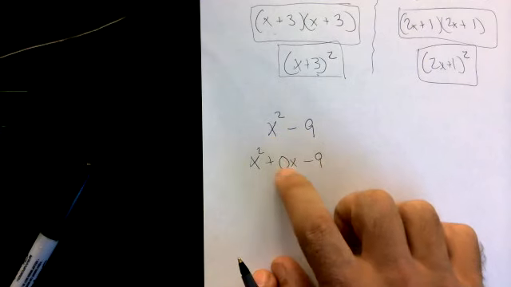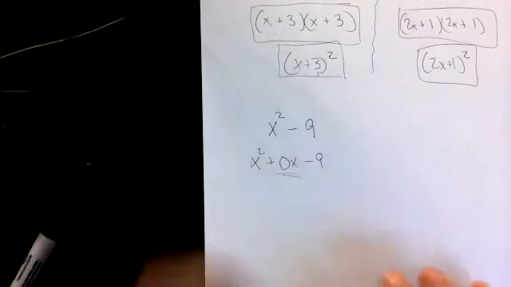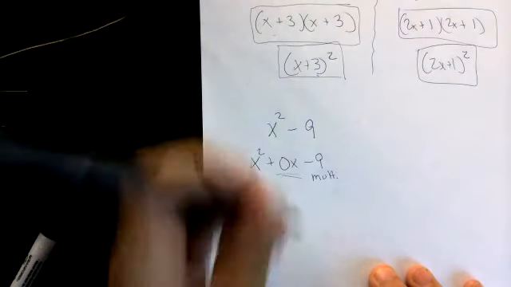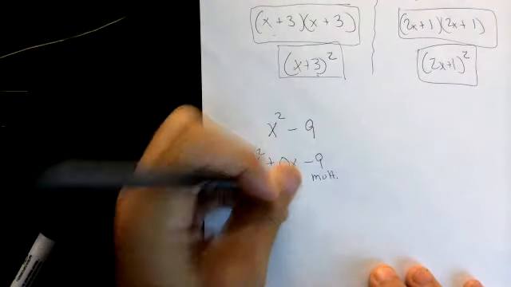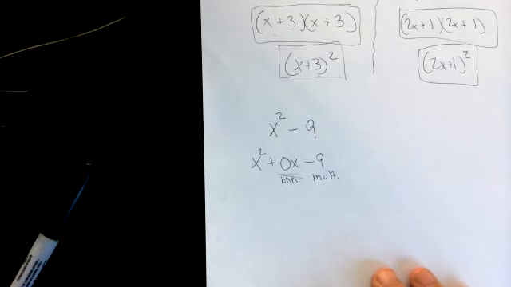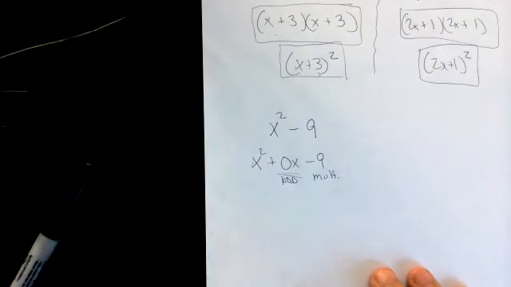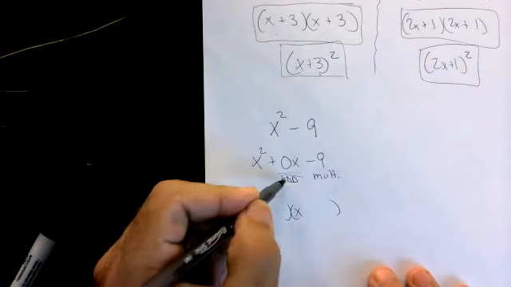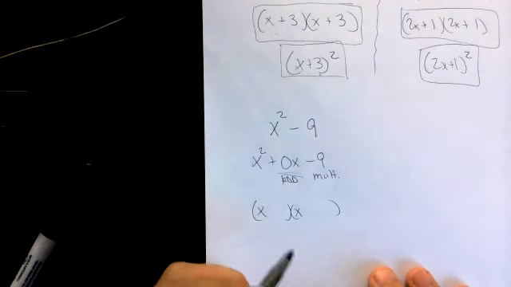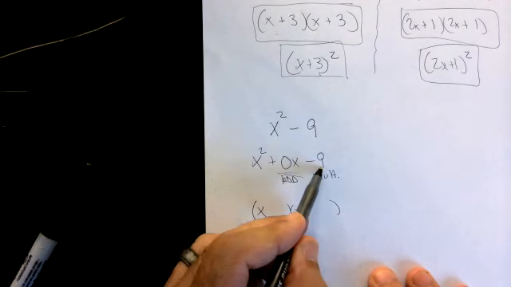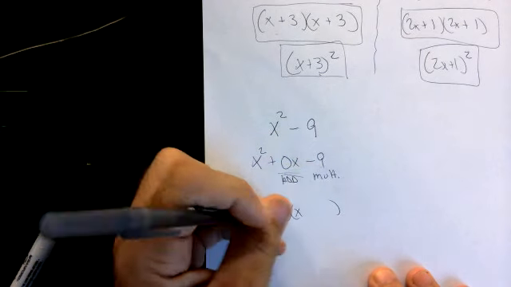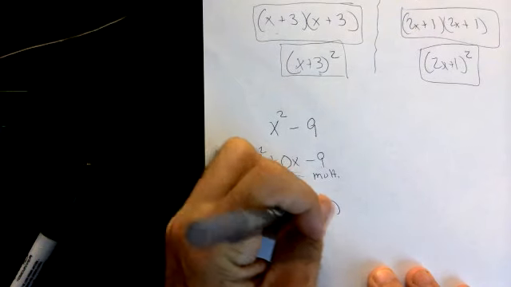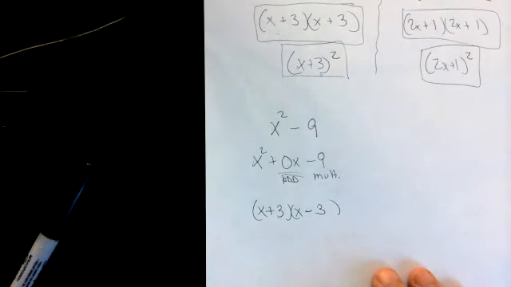But that middle term is a 0. So what you're looking for is what multiplies to get negative 9 that's going to turn around and add to get 0. And again, the only thing that'll add to get 0 are opposites. So it's going to be the same number, just one's going to be a positive and one's going to be a negative. So 9 is 3 times 3. Just one of them will be positive, and then one of them will be negative.